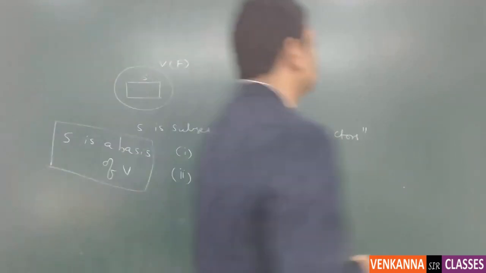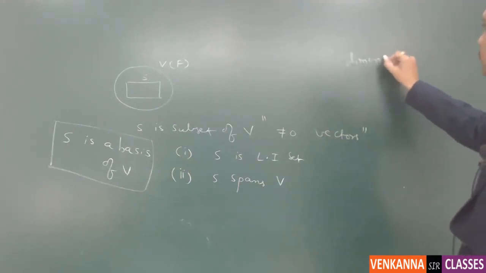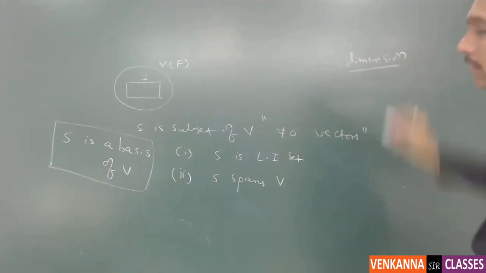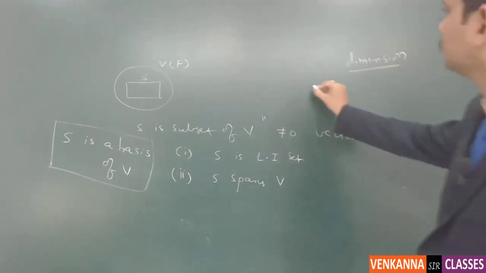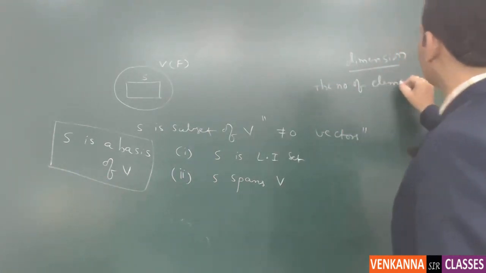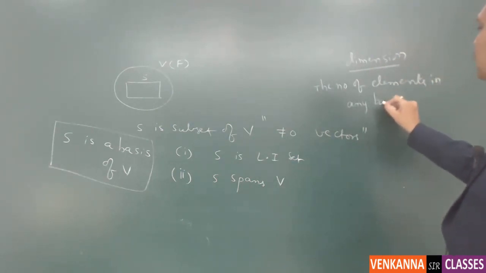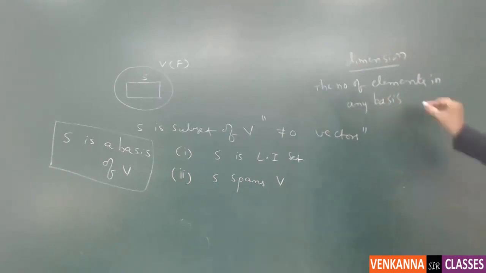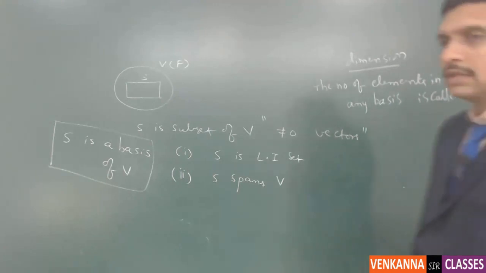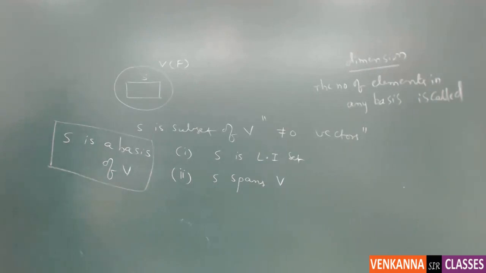And coming to the word dimension, the number of elements in any basis is called the dimension. The number of elements in any basis is called dimension.